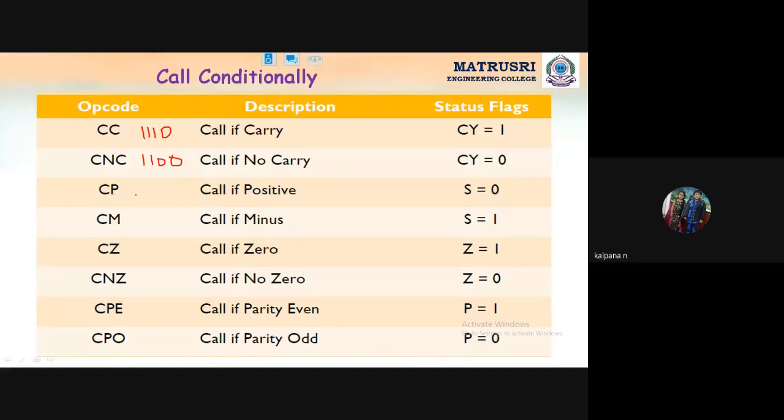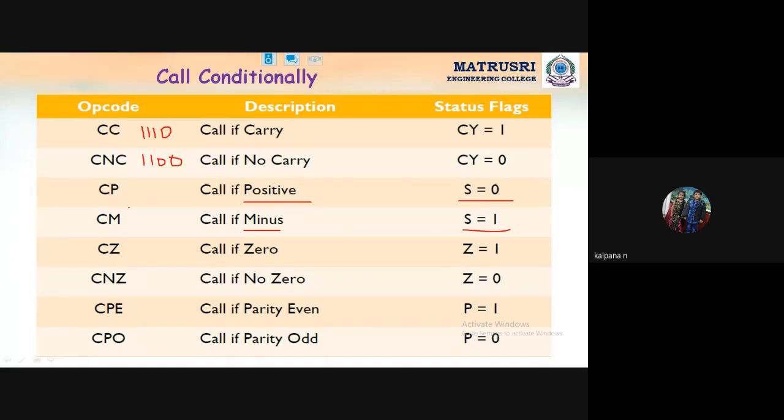CP means sign. CP means if the sign flag is equal to 0. Whenever the result we are getting is positive, the sign flag is equal to 0. If the result is negative, the sign flag is set to 1.